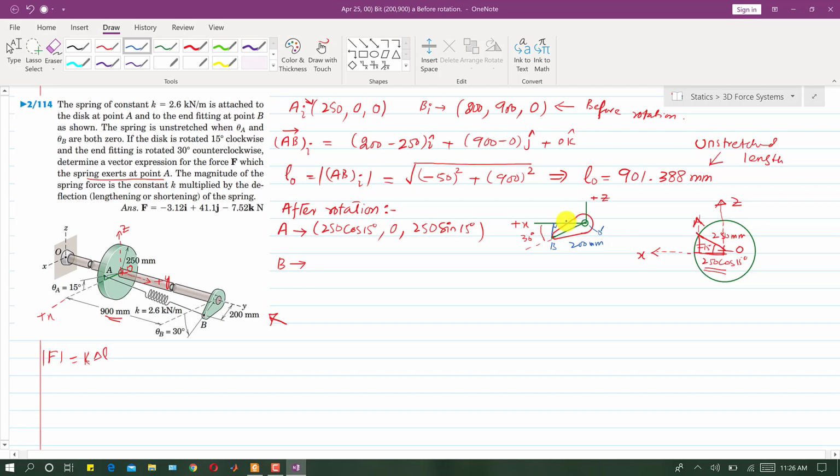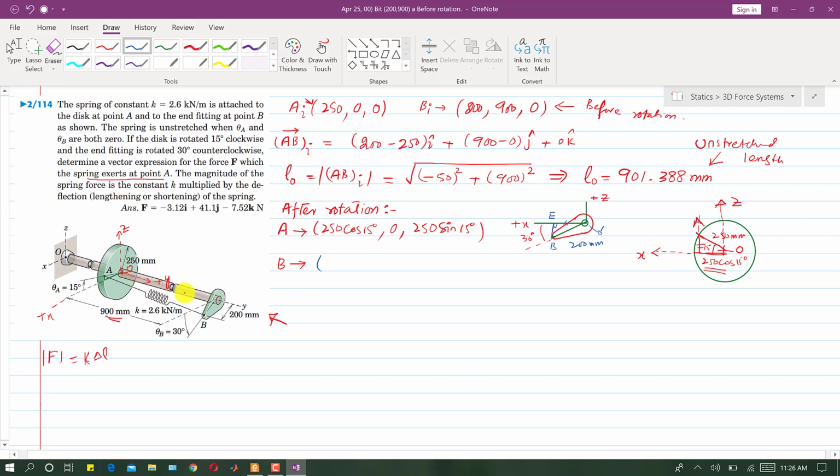This will be the cos component; let's suppose this is point E, so O dash E is the cos component, 200 cos, and this is the sine component. Now to reach this point B, how much do we need to travel?